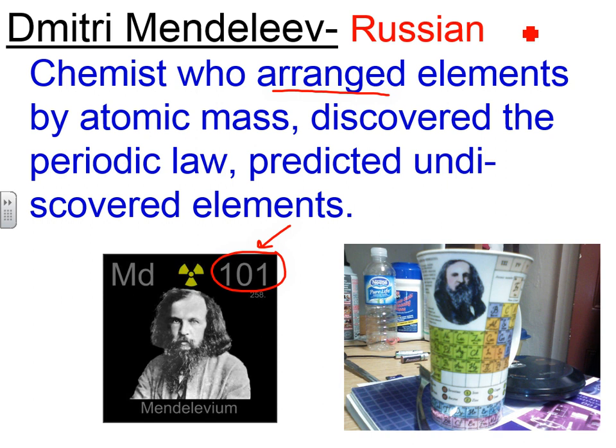He's not the only one that created a periodic table, but it was the first one that was scientifically adopted. In addition to that, he discovered the periodic law, the idea of this being a periodic table, and also predicted undiscovered elements, which usually gives you fame in the scientific world.